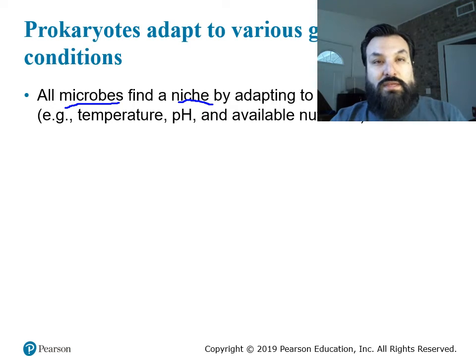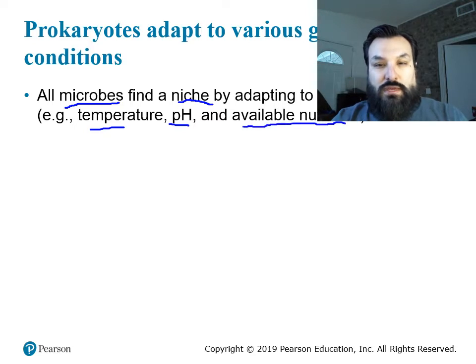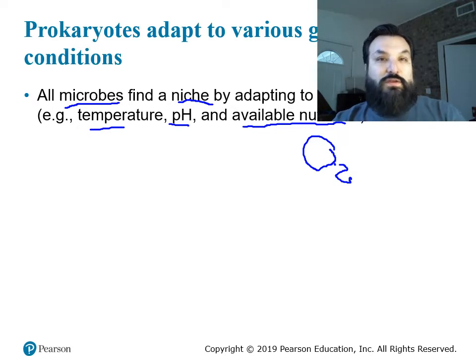They adapt to those particular conditions. And these are all earthly or environmental conditions: temperature, pH, types of nutrients, and even another one that we call O2, oxygen. Oxygen is also a specific condition.